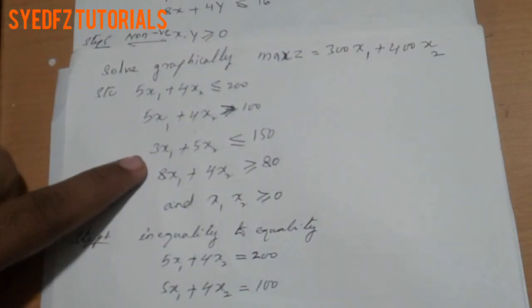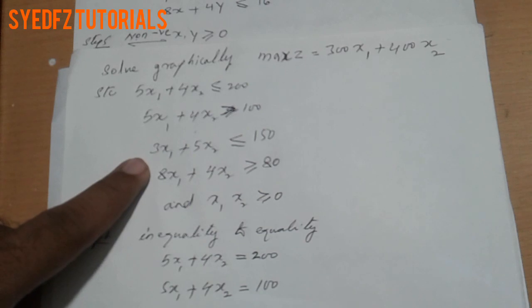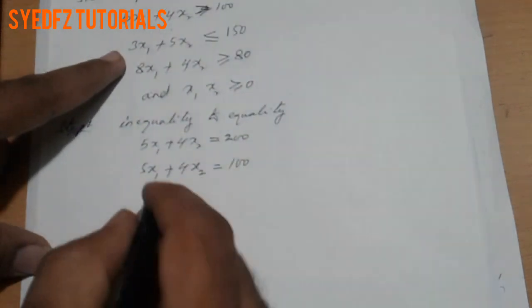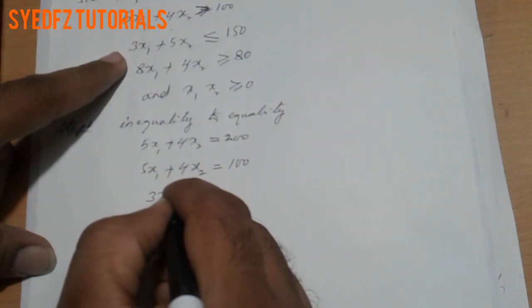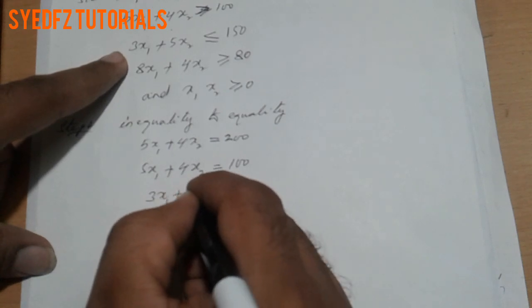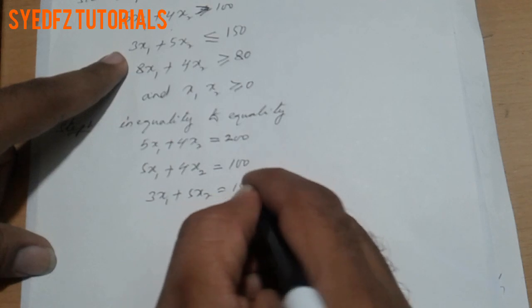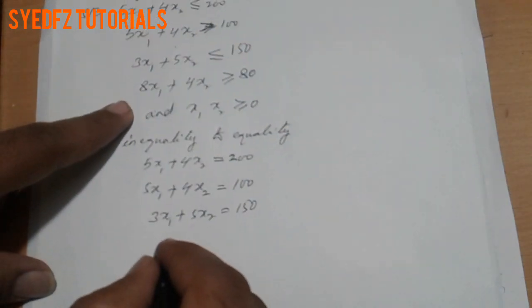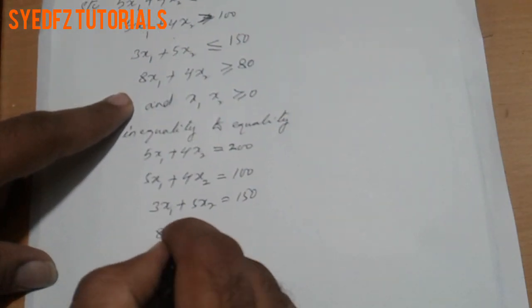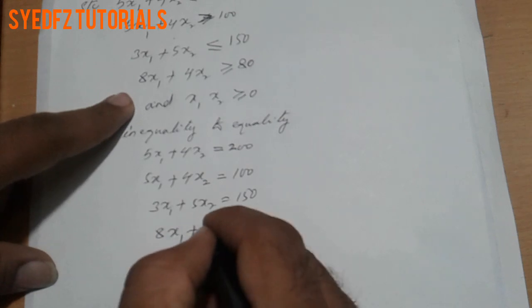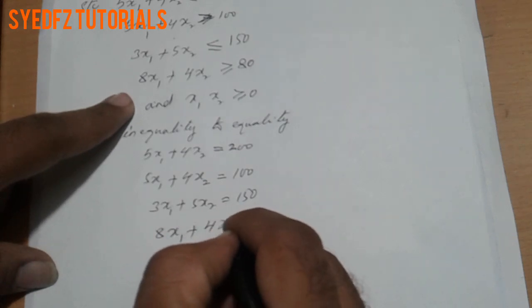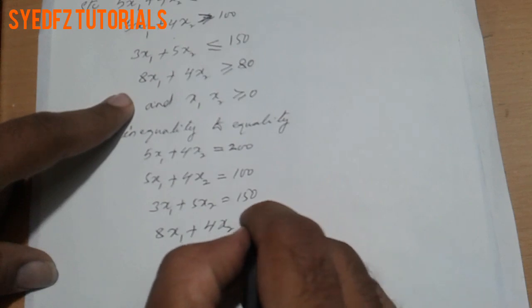Now 3x1 plus 5x2 is equal to 150. Now 8x1 plus 4x2 is equal to 80.